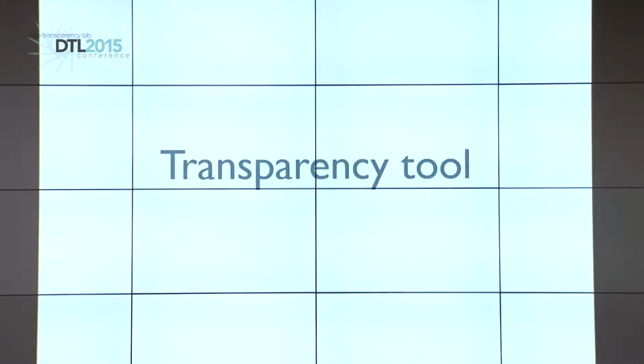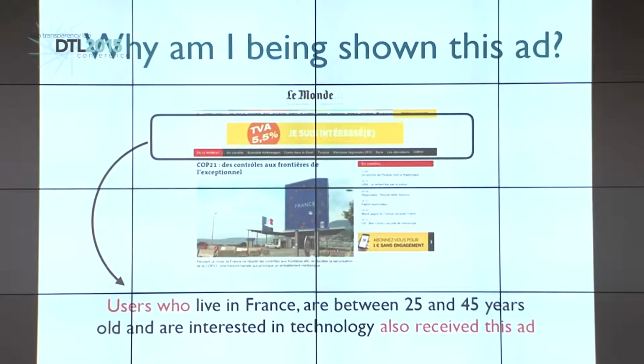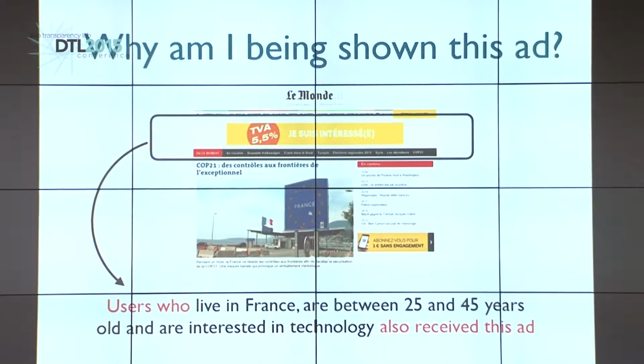So how would our tool look? First, we want users to be able to hover over an ad and understand what other users are being targeted with exactly the same ad. For example, here we would have a message like, users who live in France and are between 25 and 35 and are interested in technology also receive this particular ad.